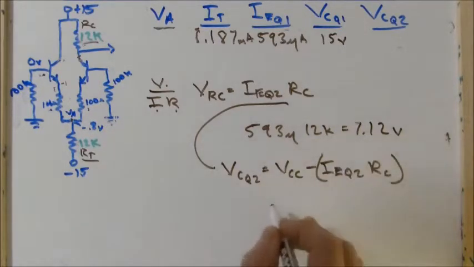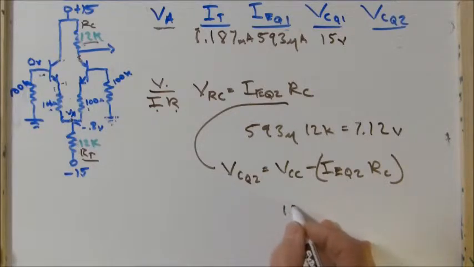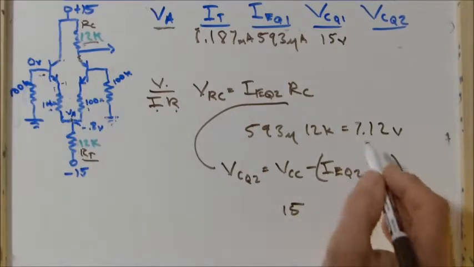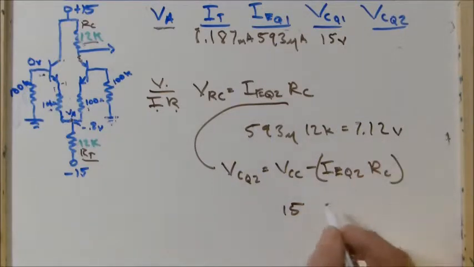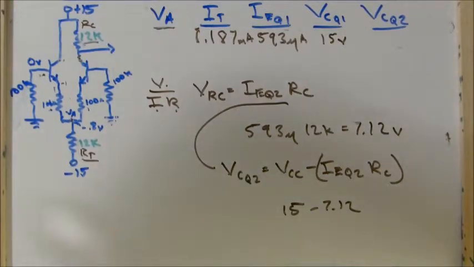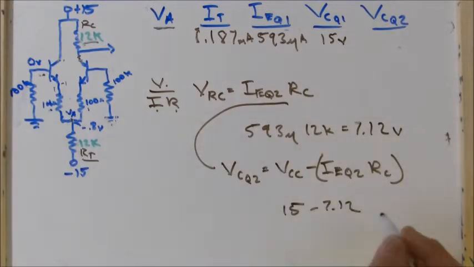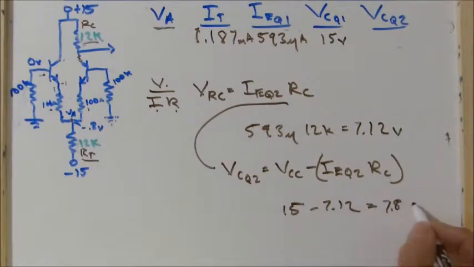Okay, VCC is 15 volts. IEQ2 times RC is 7.12, and that number is, voila, 7.88 volts. Woohoo!